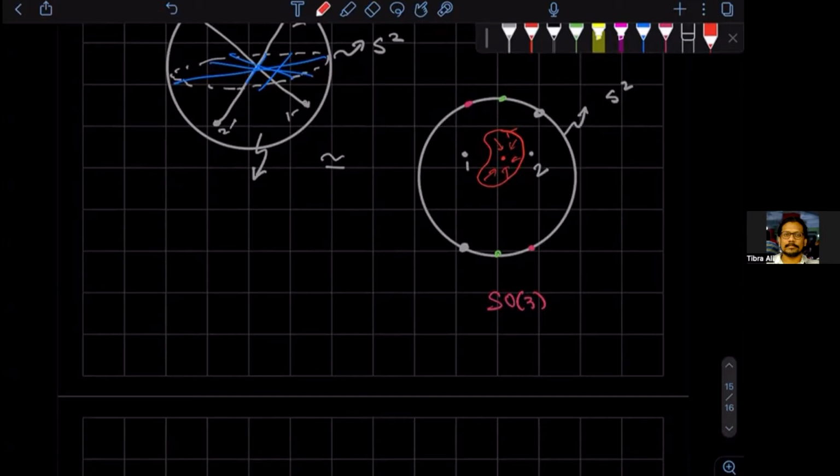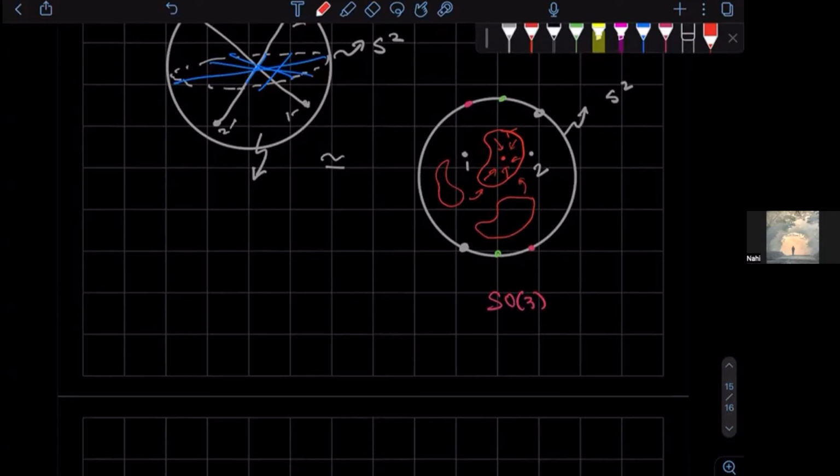So now any loop like that can be continuously deformed to a point. Do you agree? Yes, sir. So there's no unusual identifications here.